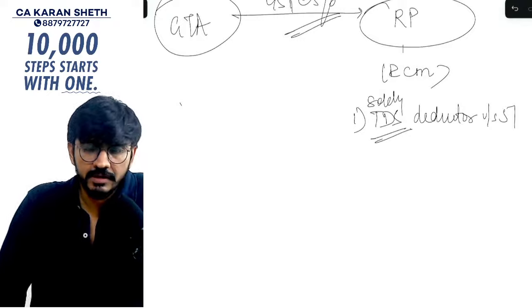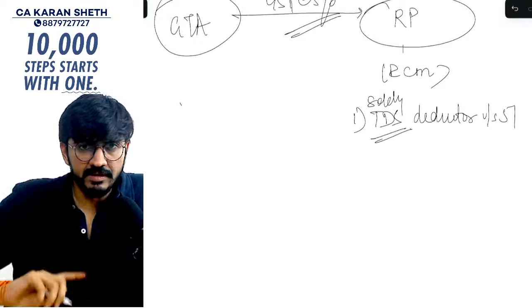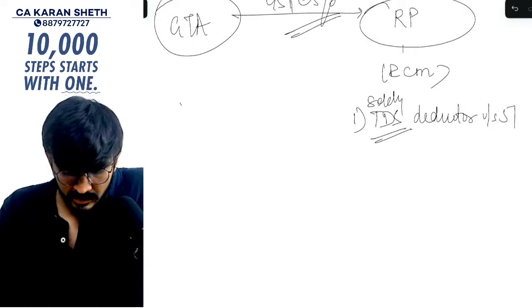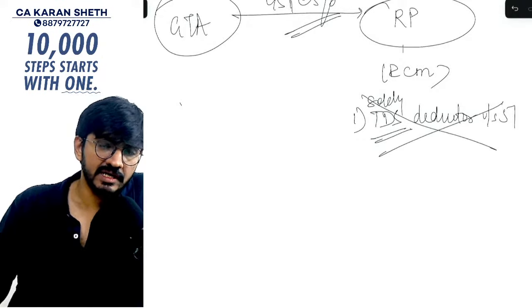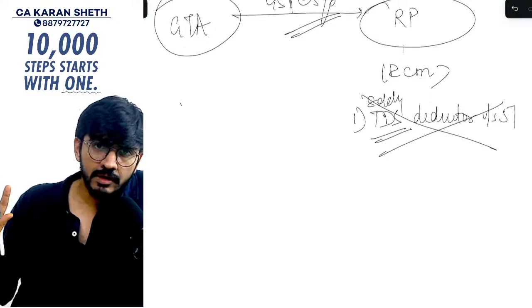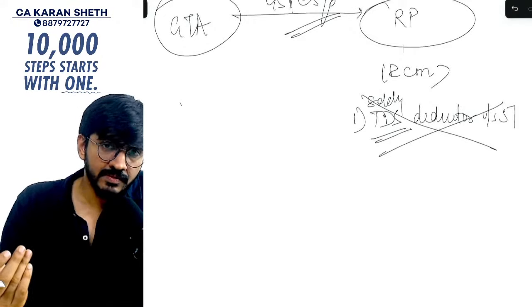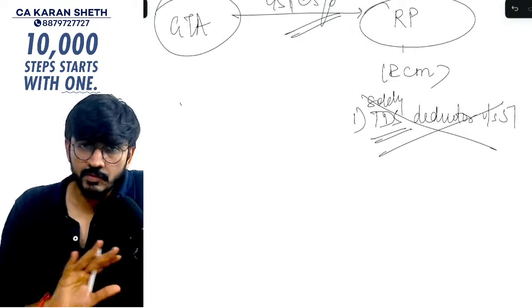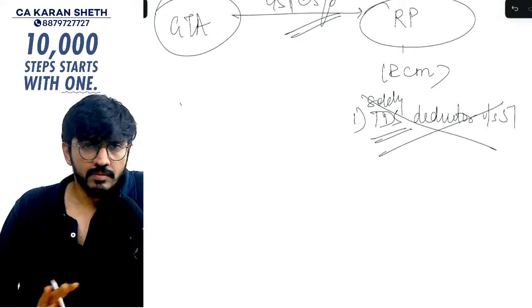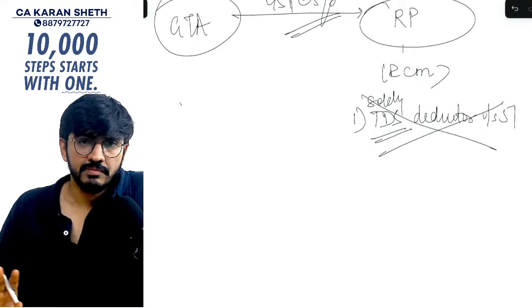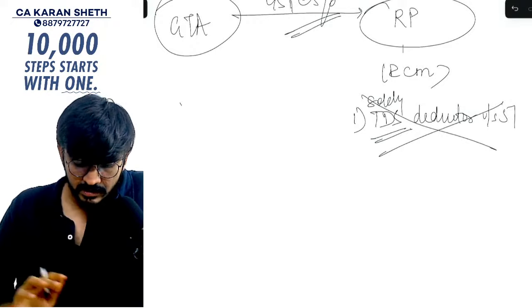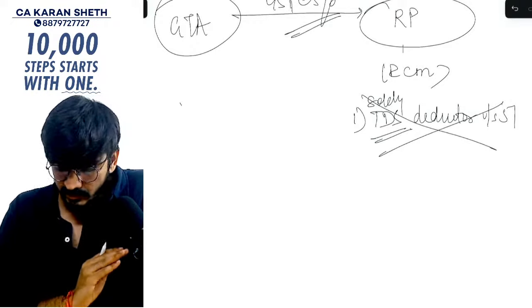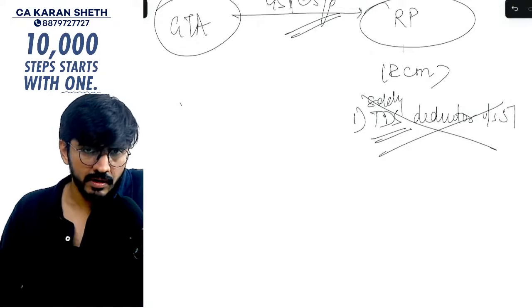The word solely is very important, both in security and in this, solely a TDS deductor. Simple. In that case, RCM will not apply, because we cannot ask the TDS deductor to again register and pay taxes per RCM. No, we cannot ask him to do so many compliances. So in that case, RCM will not apply.